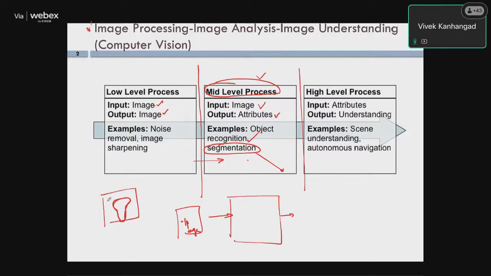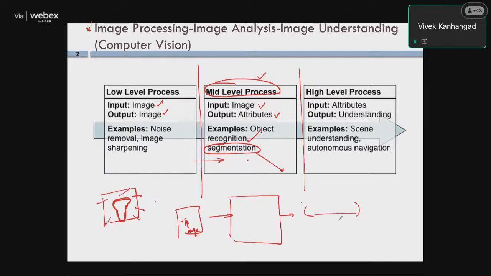The rest you consider to be background, typically not of our interest. So you're basically generating a set of pixels that form a meaningful object.